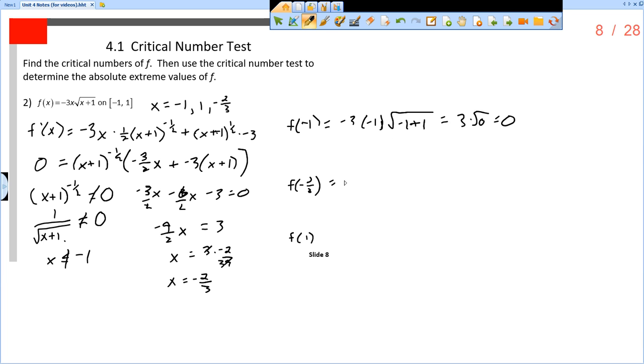Negative 2/3: negative 3 times negative 2/3 times the square root of negative 2/3 plus 1. Negative 3 times negative 2/3 is just positive 2, times the square root of 1/3, which is 1 over the square root of 3. So this becomes 2 root 3 over 3, which is a positive number, so obviously it's greater than 0.